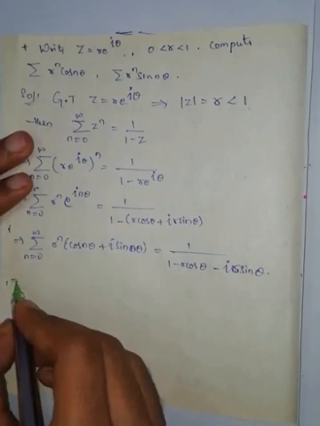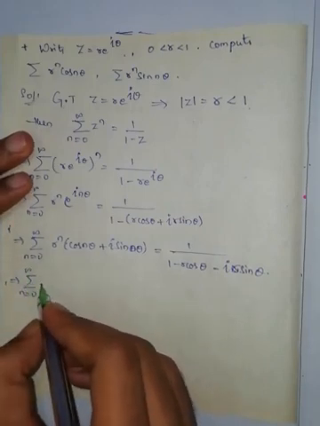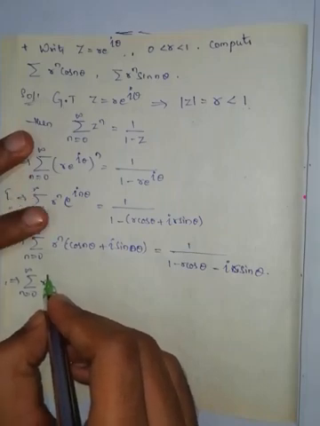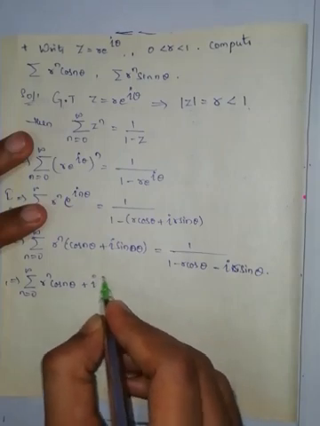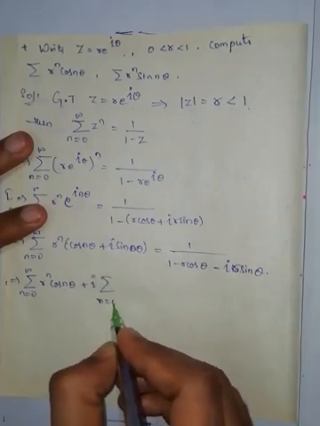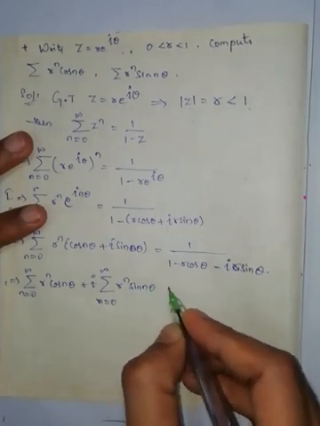Now this one can be written as summation n is equal to 0 to infinity r to the power of n cos n theta plus iota summation n is equal to 0 to infinity r to the power of n sin n theta.